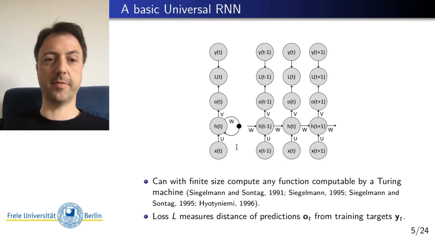So that's the universal representation theorem. So here we have the corresponding thing for algorithms. With such a two-layer recurrent neural network, if we have enough time steps available, we can approximate any function computable by a Turing machine, or any algorithm.